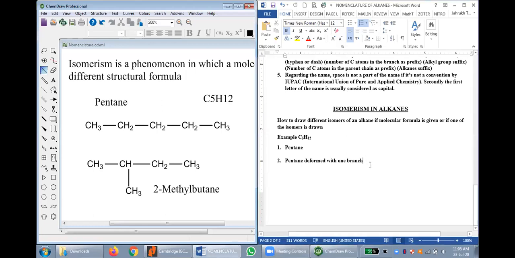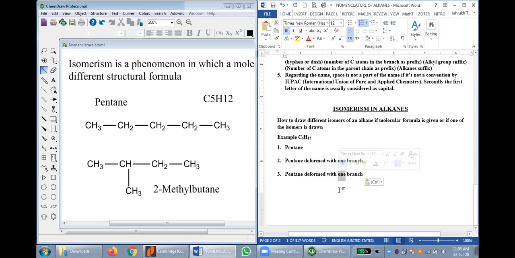Okay, class, can you come up with a third structure in case of this pentane, C5H12? And let me tell you, you might need to come up with 2 branches this time. So try to deform pentane in such a way that you come up with 2 branches.